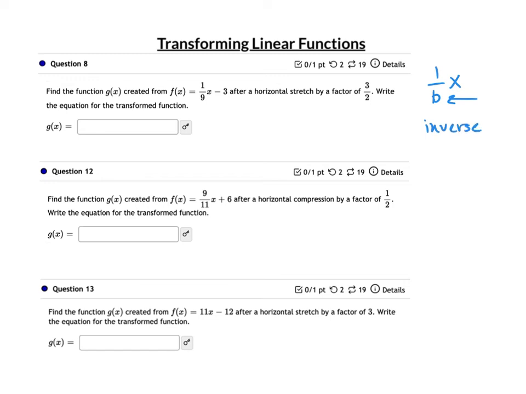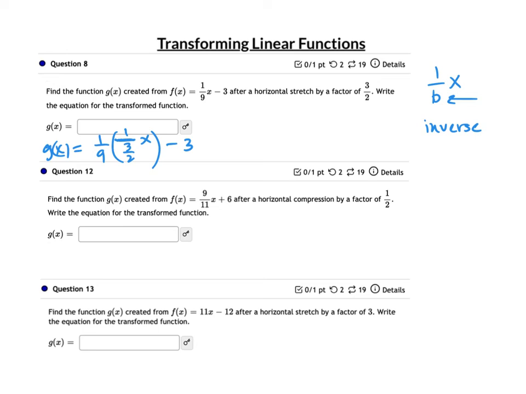So, question 8, my g of x would equal 1/9. Now, I'm replacing x because it's horizontal with 1 over b, which is 1 over 3/2. Make that bar a little longer. X minus 3. Notice only x is being affected.